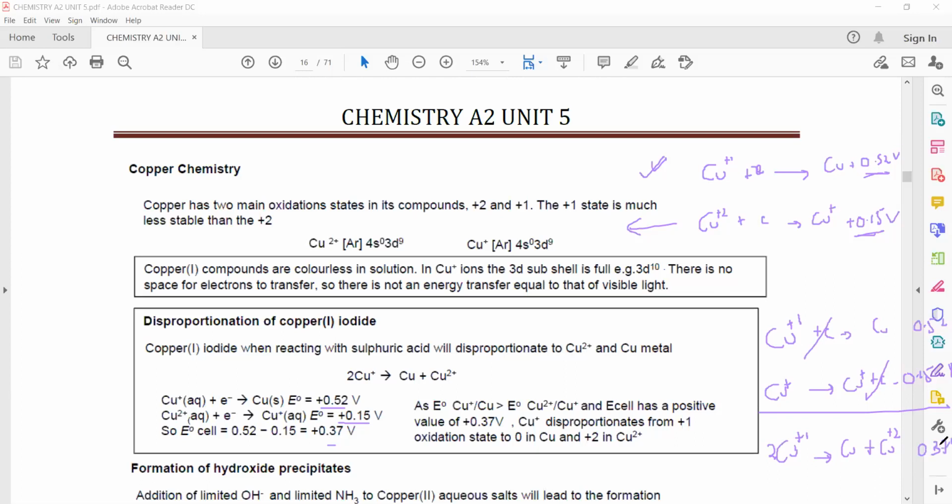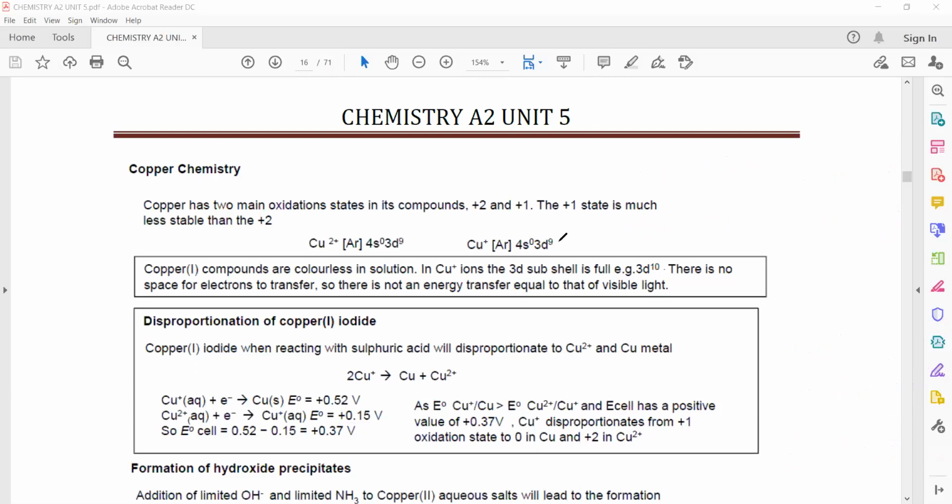So this shows this can occur. The E cell, or electrode potential of a cell, is positive. So it means that this disproportionation reaction for copper 1 iodide when it reacts with sulfuric acid is feasible or possible. Is it clear?